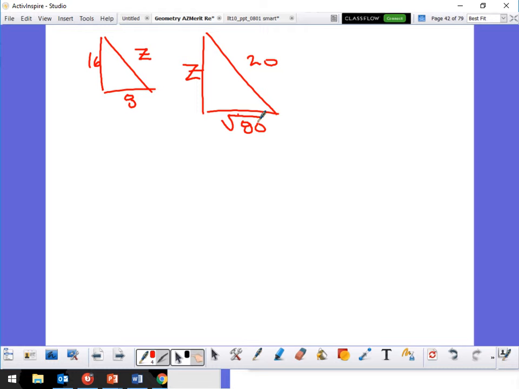All right, let's go ahead and do our math for this now. If I were to set this up, it would be 16 over Z is equal to Z over 20. So I get Z squared is equal to 16 times 20.